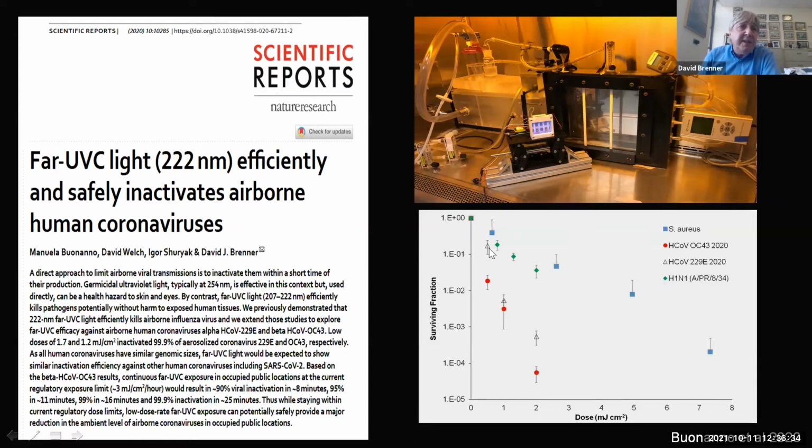What you see is that the two coronaviruses are very efficiently killed by 222 nanometer light, and influenza virus almost as efficiently. So that's very encouraging. We know that 222 nanometer light can directly and efficiently inactivate airborne human coronaviruses.